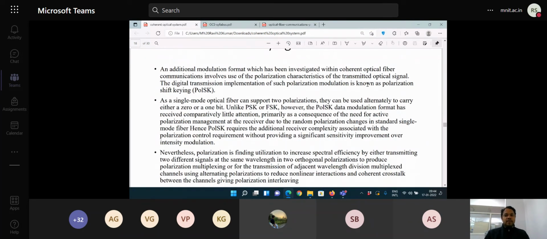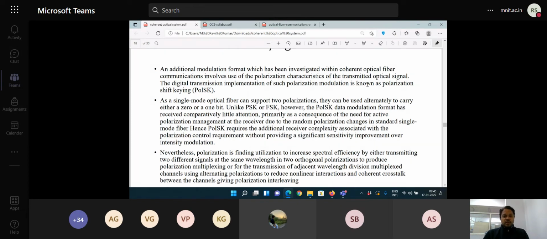Polarization shift keying is not all that popular, but people are trying to work out models of using this additional dimension which can enhance the data carrying capability of the optical fiber.